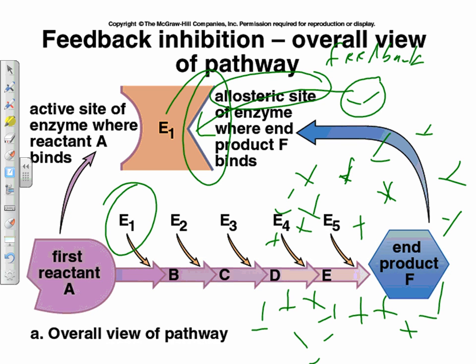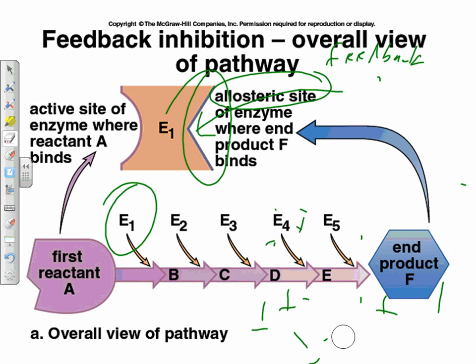So this process of feedback inhibition works when the product of the pathway binds to a specific site, the allosteric site, on the first enzyme in the pathway. When it does, it changes the shape and turns that enzyme off. But is this a permanent thing? No. When the concentration of these products starts going down, what happens to the one that's attached to this enzyme?